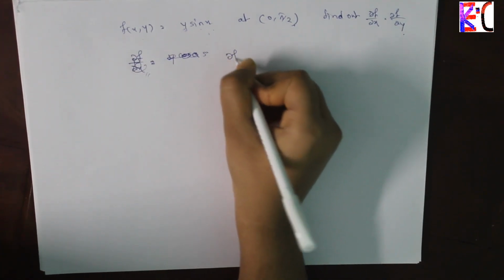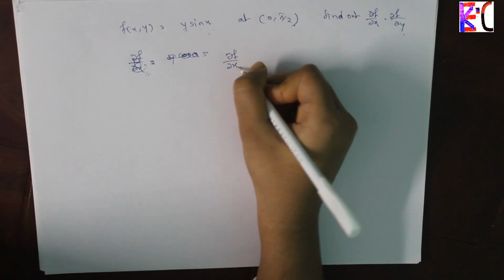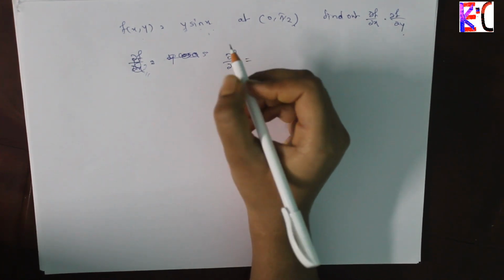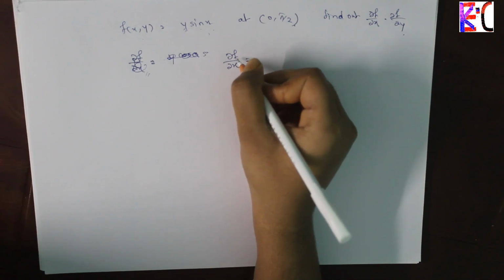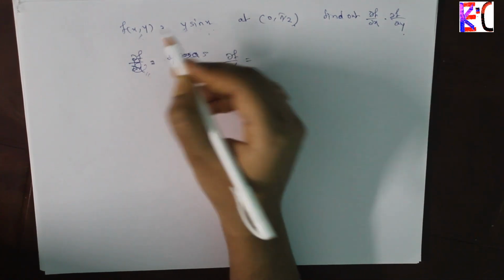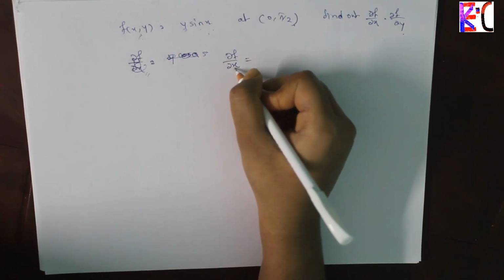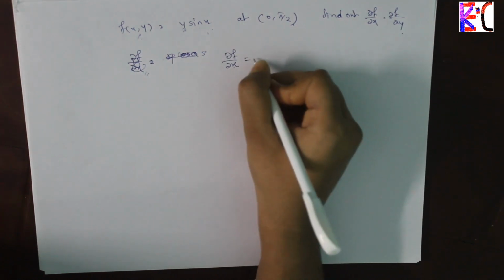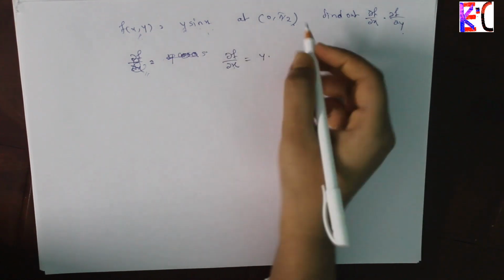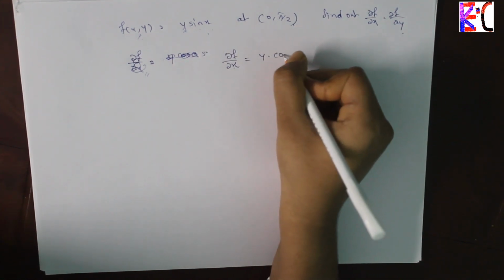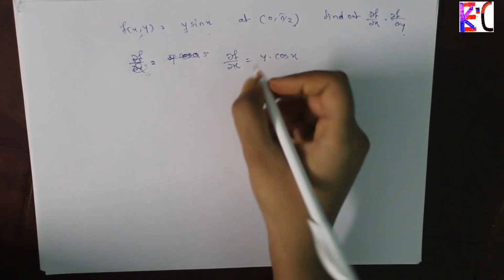Now del f del x. When we take del f del x, that means the derivative of this function is with respect to x when y is constant. That's why y is constant and only the derivative of sin x is cos x.